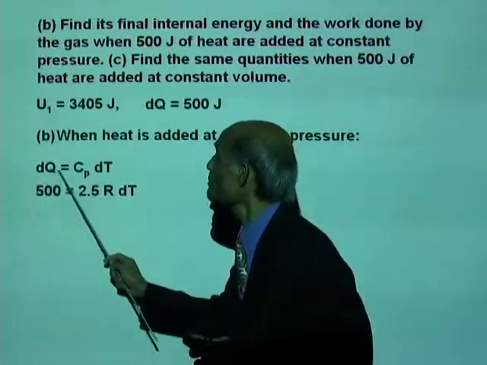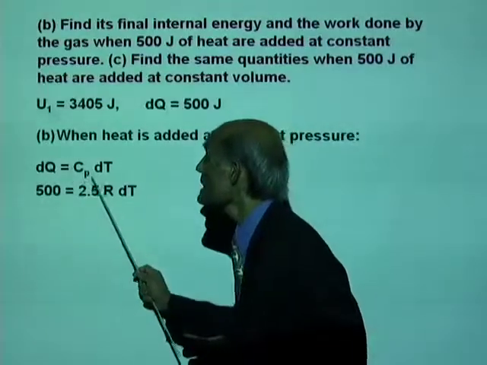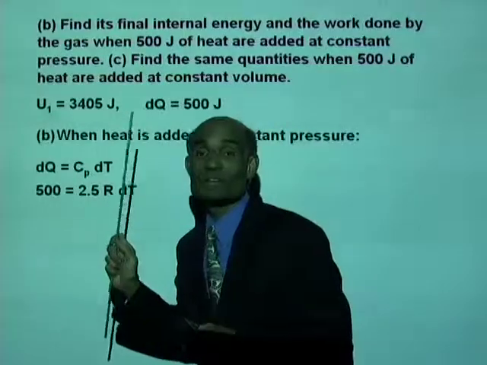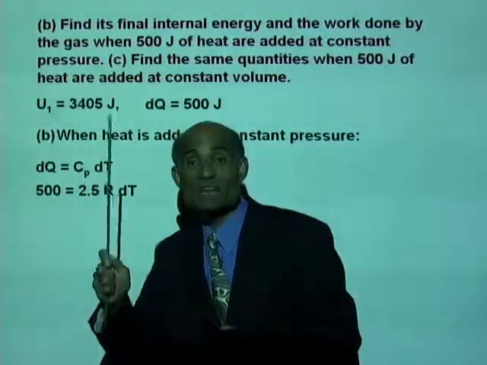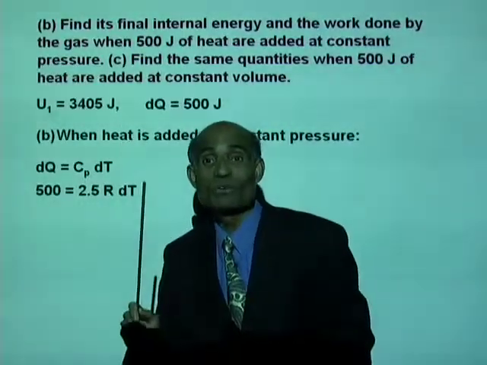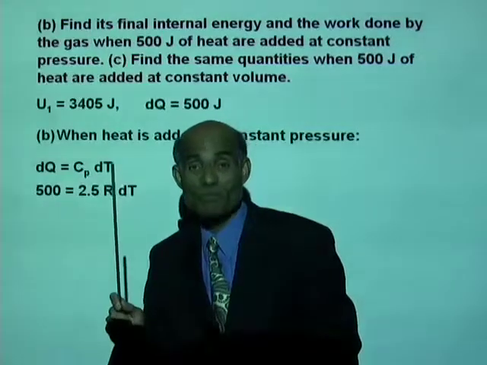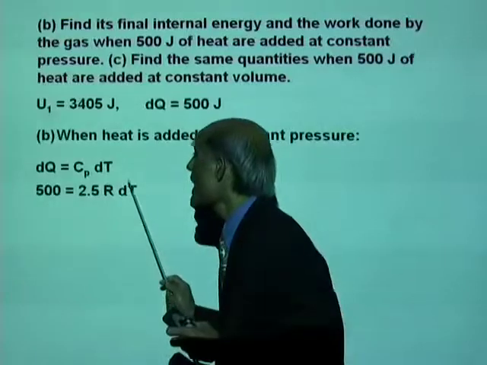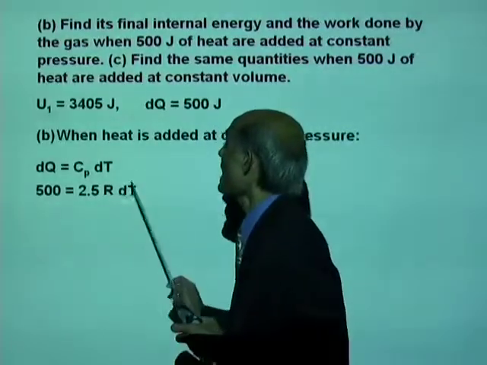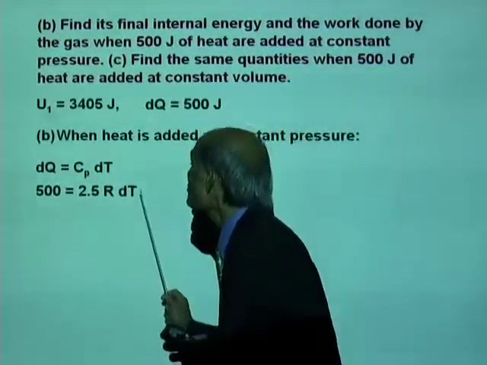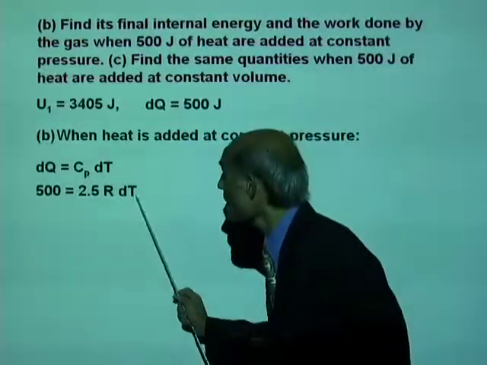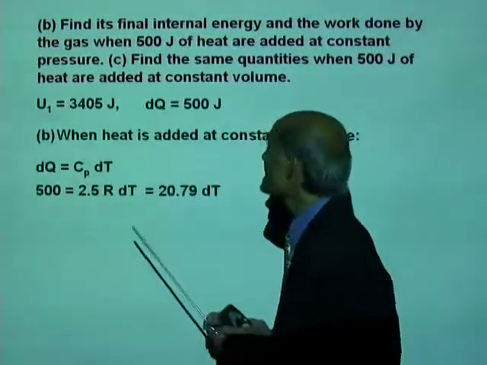Now 500 equals Cp, and for a monoatomic gas Cp is 5/2 R, which is 2.5 R, times dT. That will lead you to dT, the change in temperature.